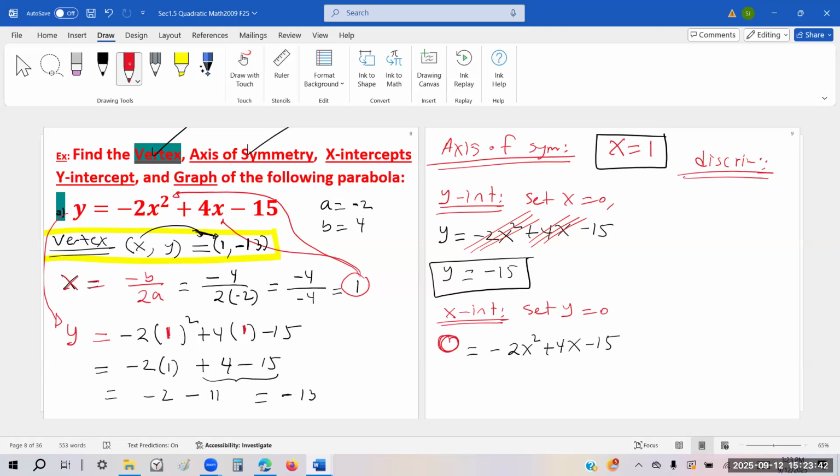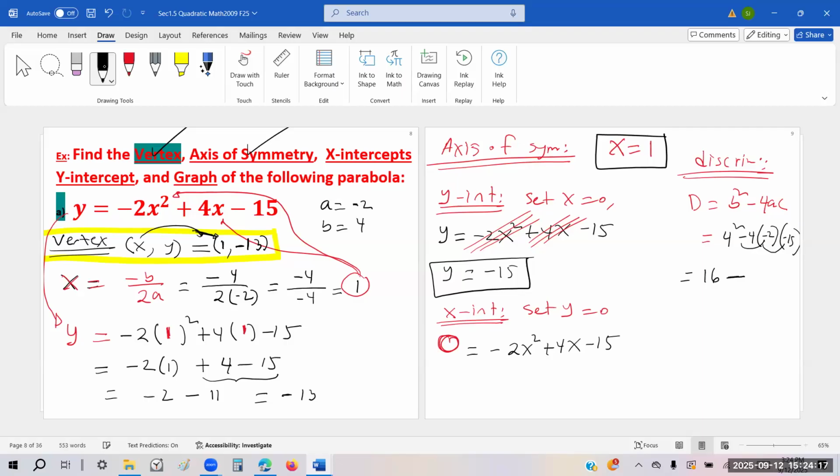So the discriminant is whatever you have under the square root in the quadratic formula. Do you remember the formula for the discriminant? B squared minus 4AC. So what is our B here again? 4 squared minus 4 times, what is our A? And our C? Negative 15. So we have 16, minus and minus becomes plus, plus and minus becomes minus.